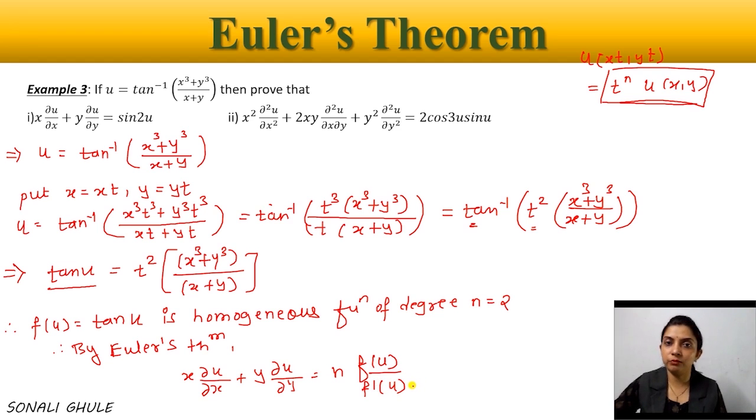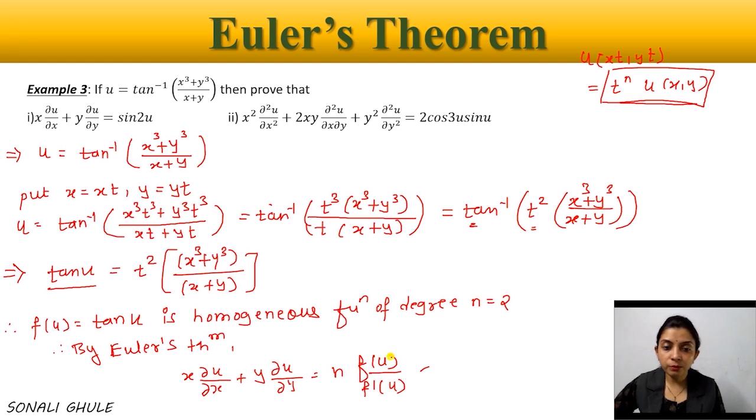This result we have to use because f of u is homogeneous, not u is homogeneous. Okay? So whenever your f of u is homogeneous, you have to use only this formula for first order. Now, putting in values.